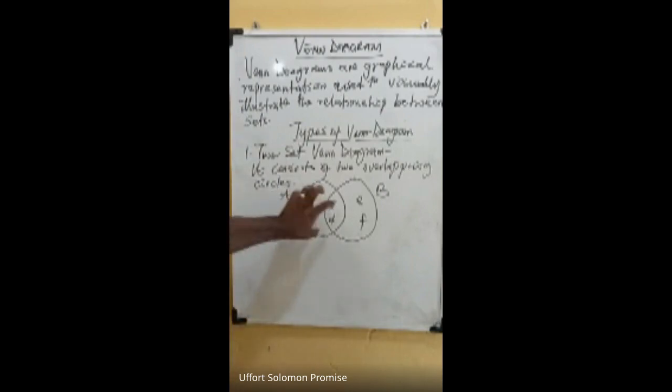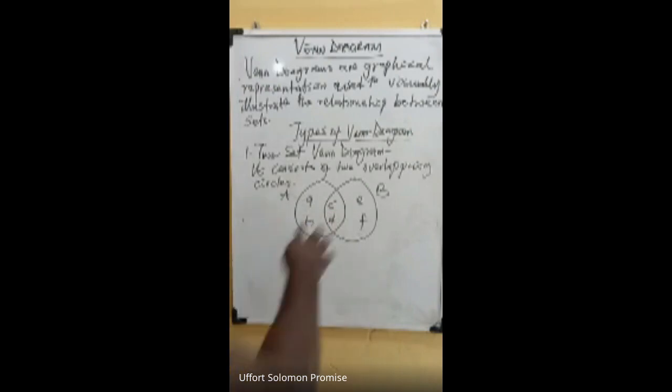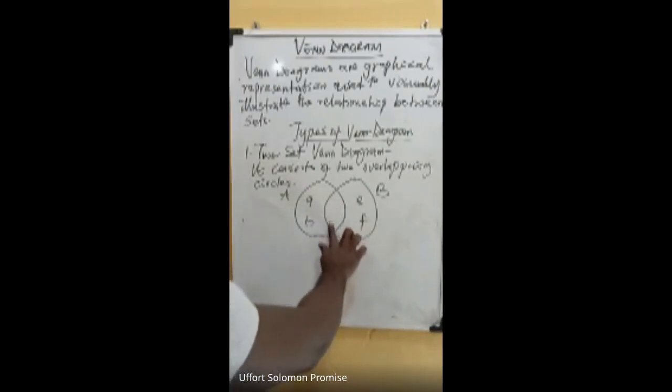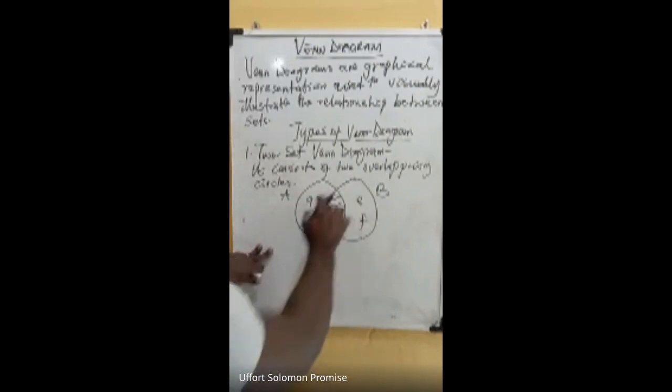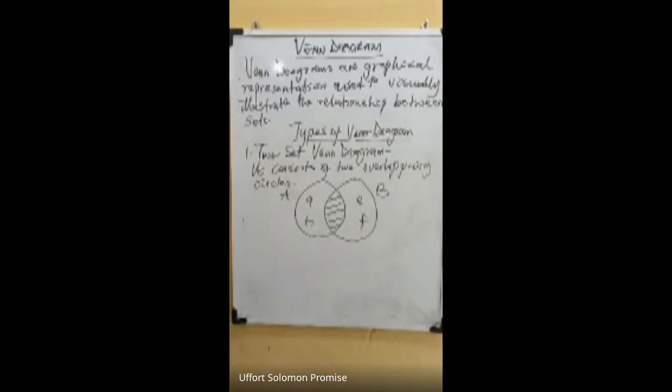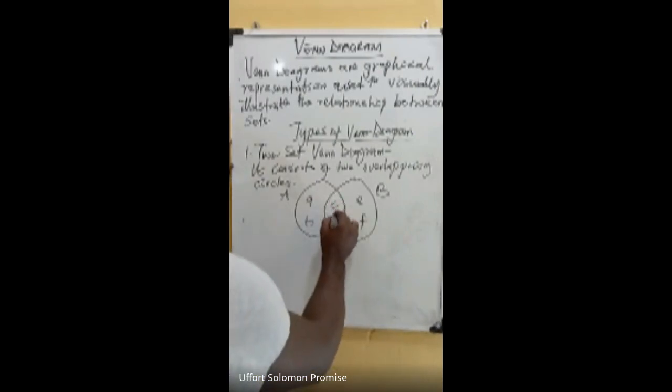This overlapping point of intersection, where we have C and D, is called the intersection. That part is called intersection.